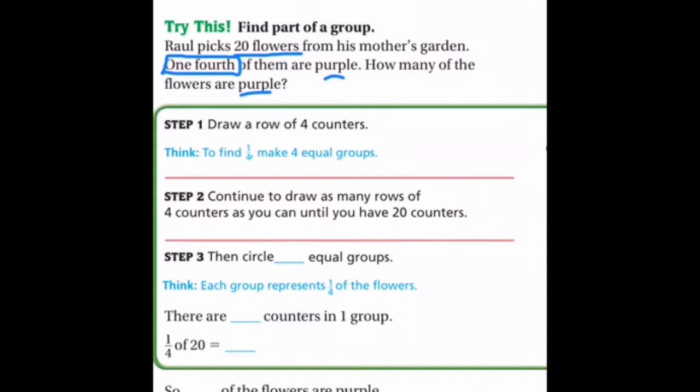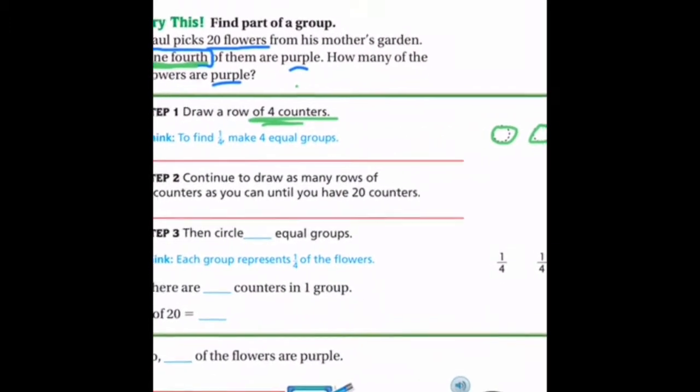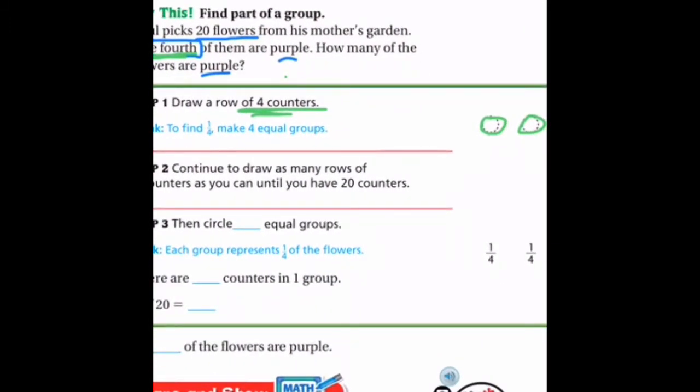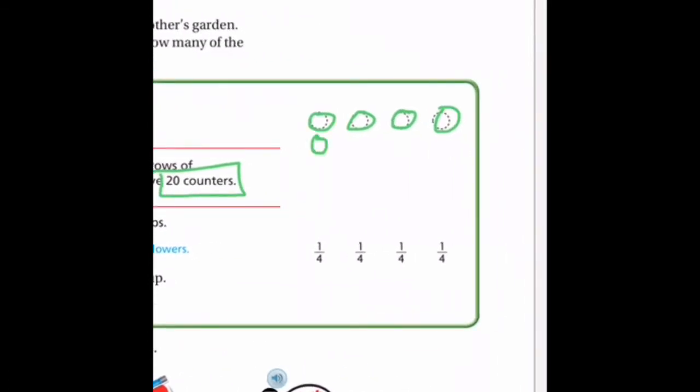Because we're talking about 1/4 here, we're going to draw a row that has 4 counters. And they did that for us here. 1, 2, 3, 4. Then you continue to draw rows of 4 counters until we have a total of 20. So there's 4, 5, 6, 7, 8, 9, 10, 11, 12.